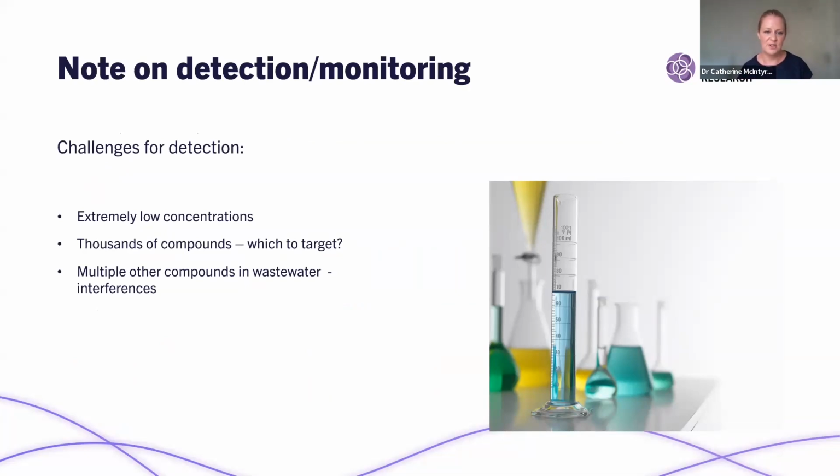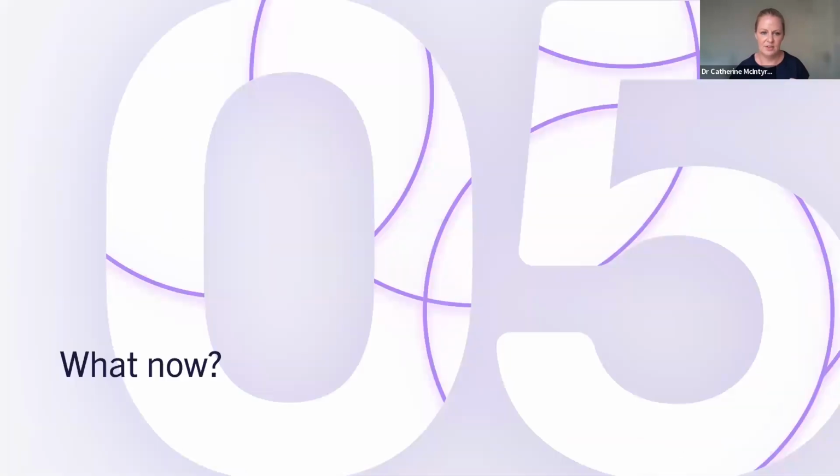And of course, depending on the wastewater, there'll be other compounds in there, and these can cause interferences as well. So that is why there is a reliance on presumptive contamination in the Forever Pollution Project, but investment in these services will see improvements in our detection. But it's just something to bear in mind that it's not easy to get the data on these compounds.